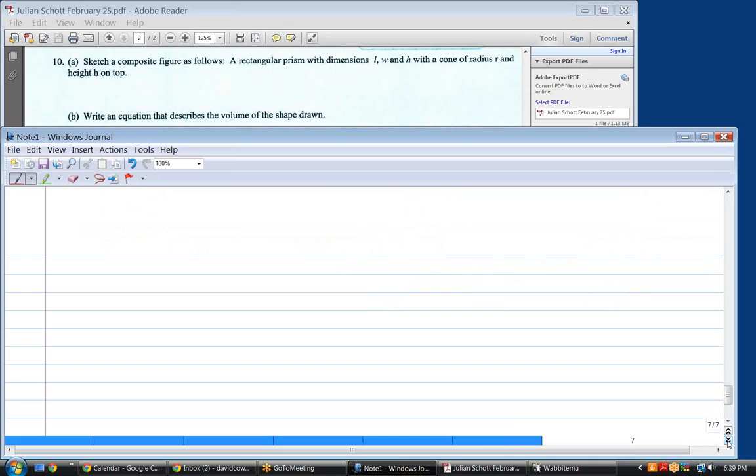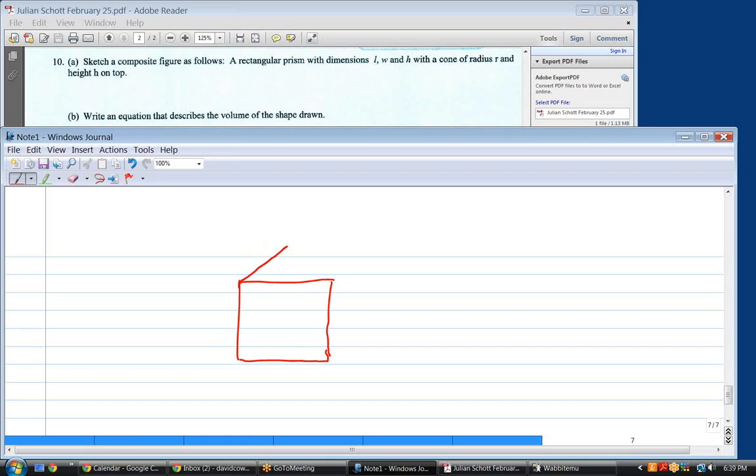Sketch a rectangular prism with dimensions L, W, and H with a cone of radius R and height H on top. Alright, I'm going to draw the rectangular brick. Now, it doesn't say that it's a cube, but I'm going to make it a cube.